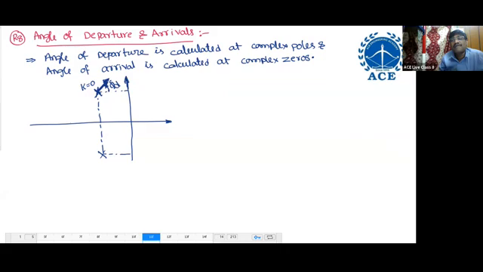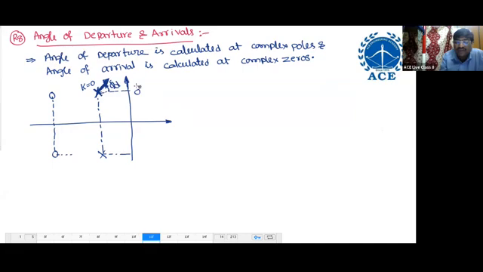What is the angle of arrival? For example, if I take a complex zero here. With what angle the pole leaves from the initial position is called the angle of departure, measured with respect to 0 degrees.